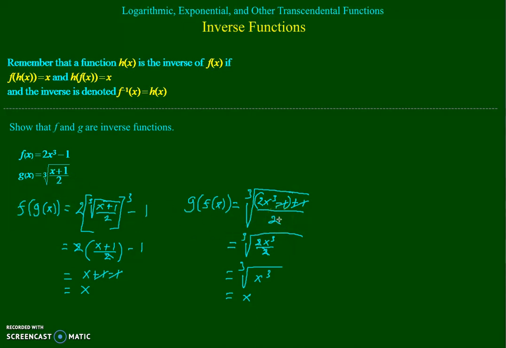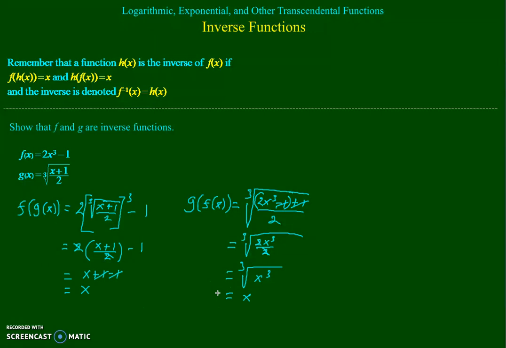Now the 1's cancel out, negative 1 plus 1, and then we rewrite it. The 2's cancel out, 2 divided by 2 is 1, and the cube root of anything cubed is itself, and it comes out to x. So this verifies that f and g are inverses of each other.